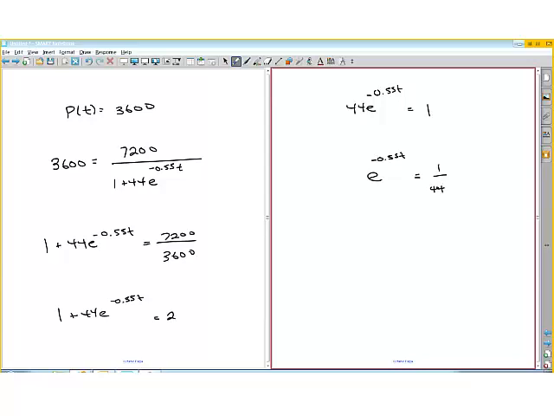Yeah, so what do you do now? Well, you take the natural log of both sides. So the natural log of e to the negative 0.55 t is equal to the natural log of 1 over 44. And the natural log of 1 over 44 should be a negative number because it's between 0 and 1. So you get the natural log of 1 divided by 44 is negative 3.78.